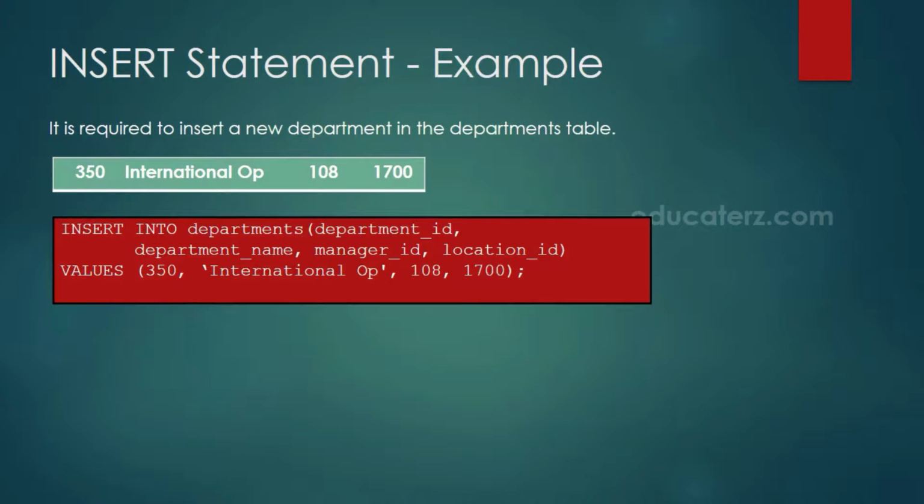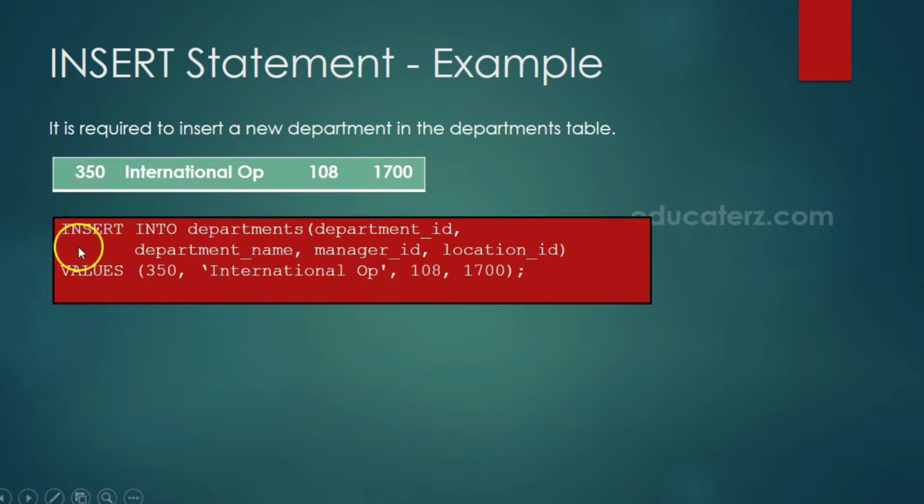Insert statement example. It is required to insert a new department in the departments table. The values are 350, which is the department ID, International Operations, the name of the department, 108 the manager ID, and 1700 the location ID.